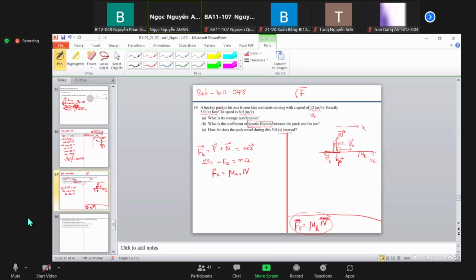So right here, F kinetic will be equal to mu k times N, or maybe mu k times P, or mg. We just replace it with this.